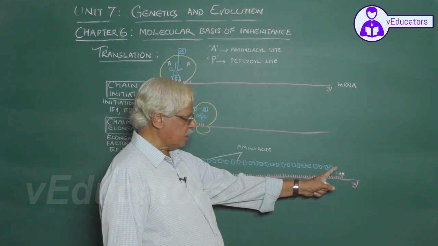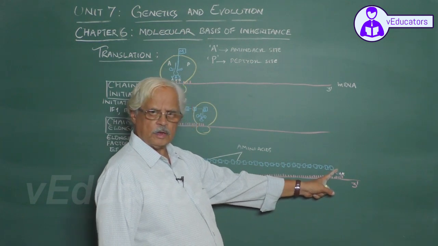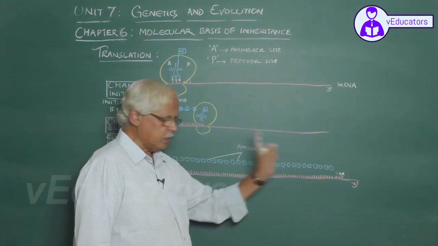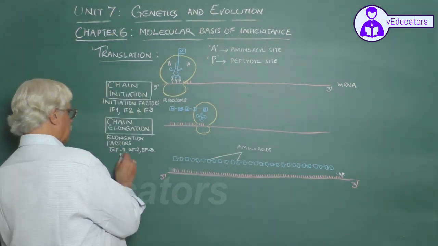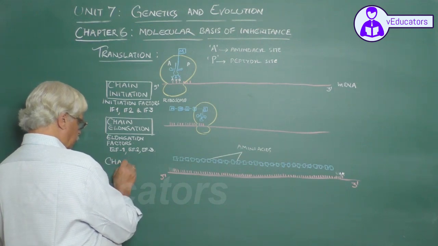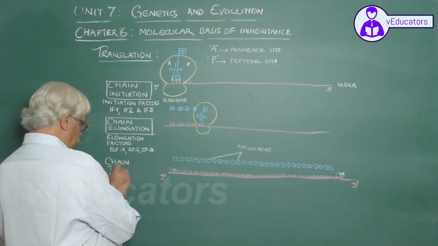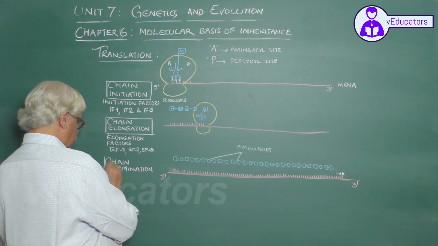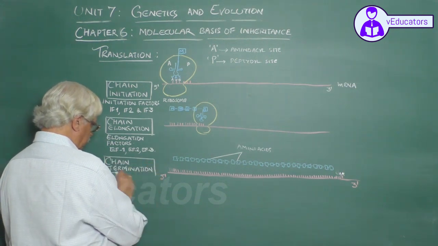So when no more tRNA molecule can come here, it simply means that the formation of this polypeptide chain is completed, and this is called chain termination.